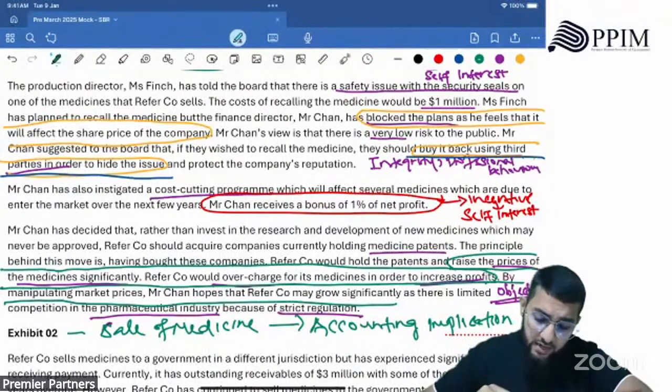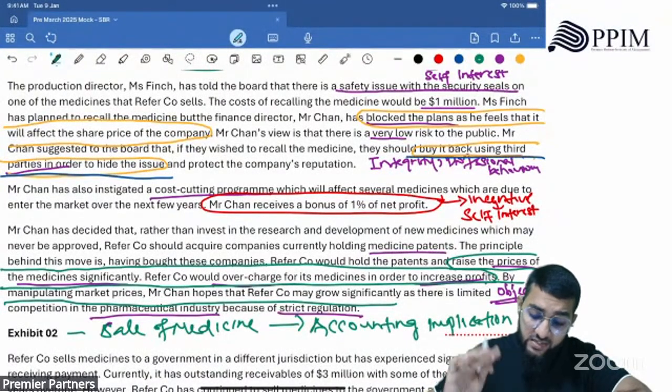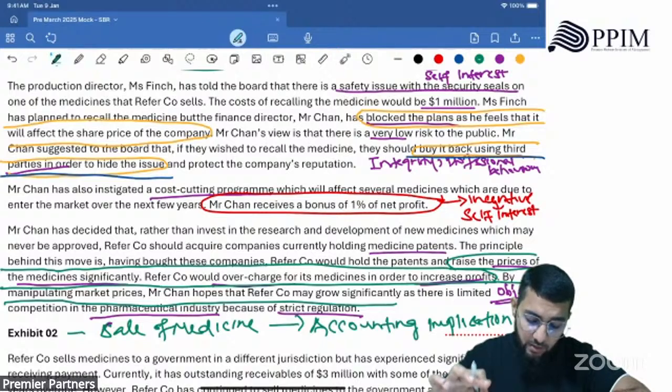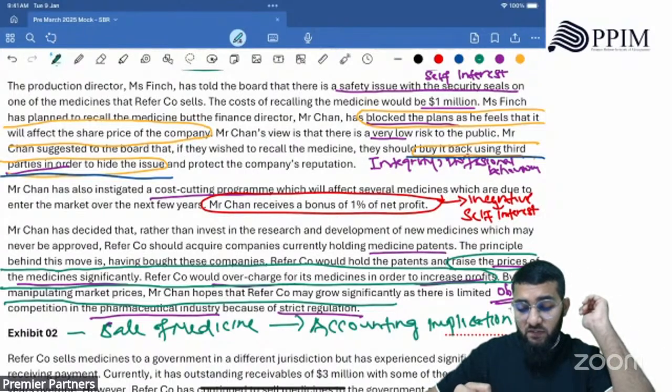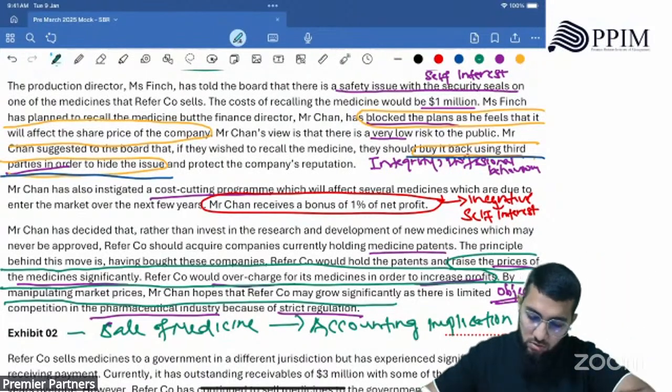Then the cost cutting program affecting several medicines which are due to enter the market, right? And not investing in research and development. Those two are other issues which show that his professional behavior is out, right? His professional behavior is out.